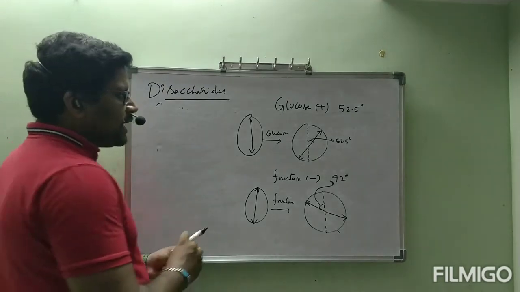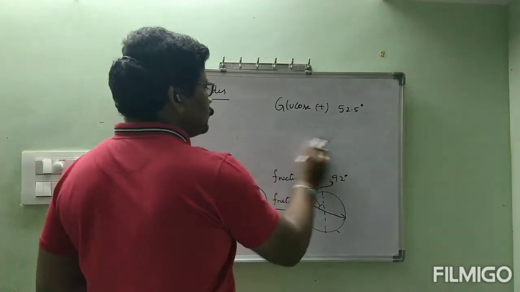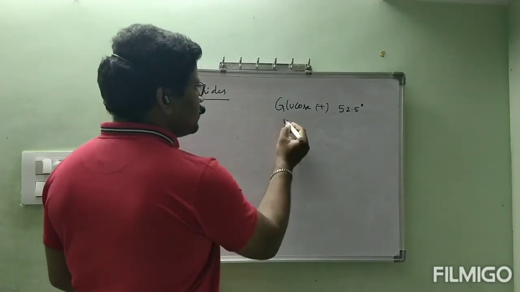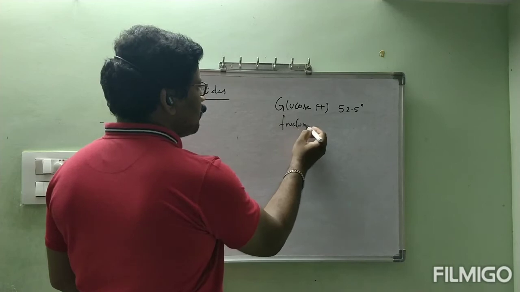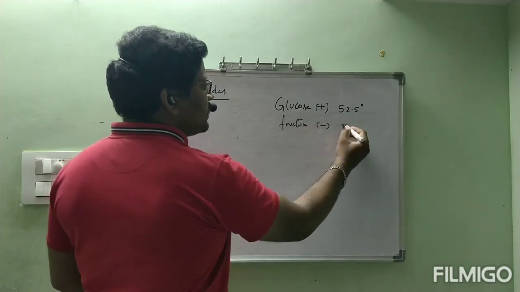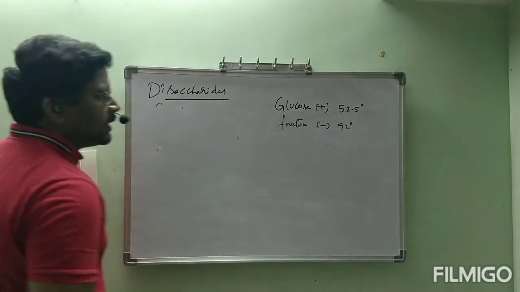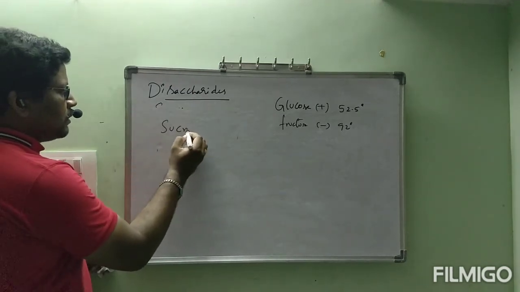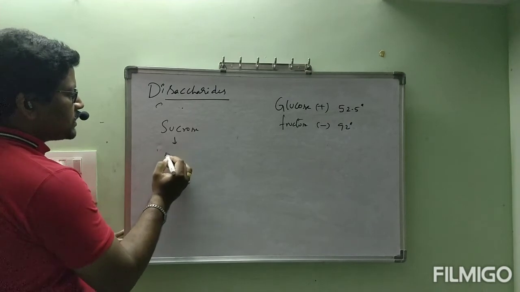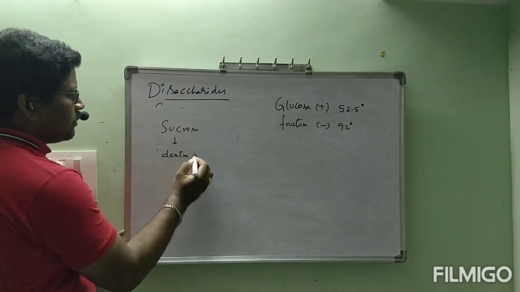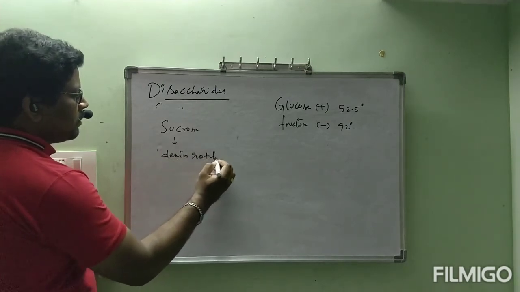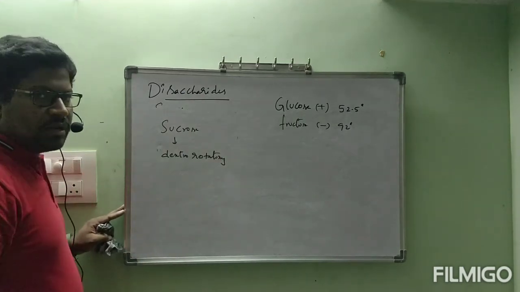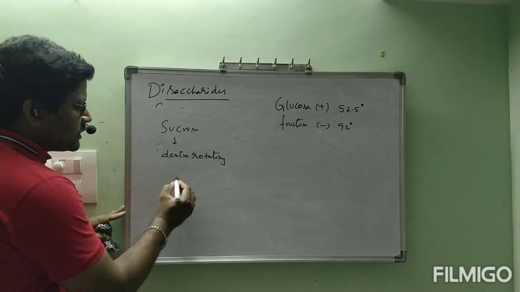That is the meaning. I am writing here fructose with levorotatory 92 degrees. Okay, now first I took sucrose. Sucrose is dextrorotatory. What is the meaning of this dextrorotatory? I took some sugar.